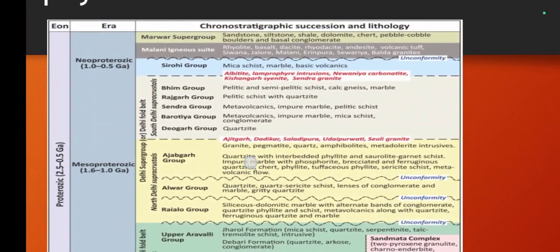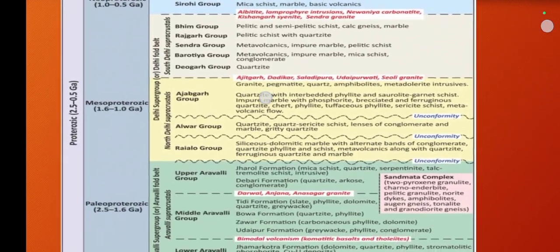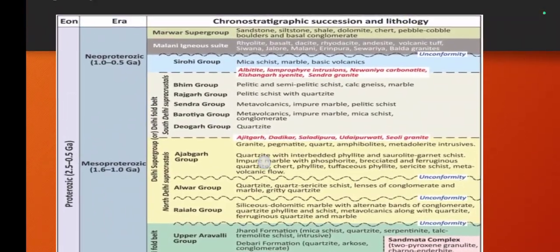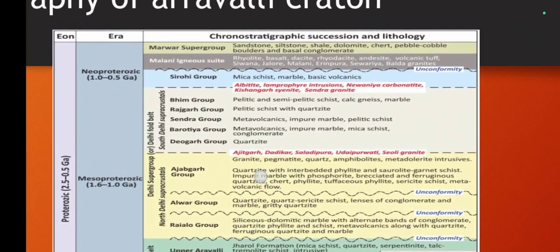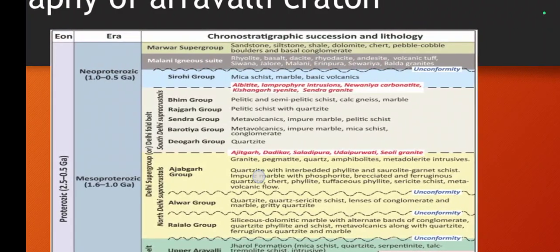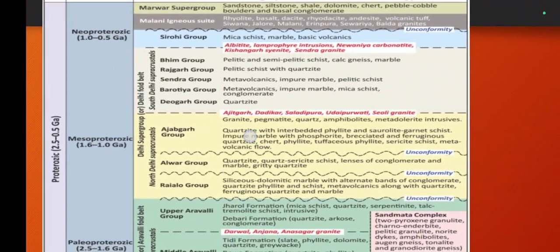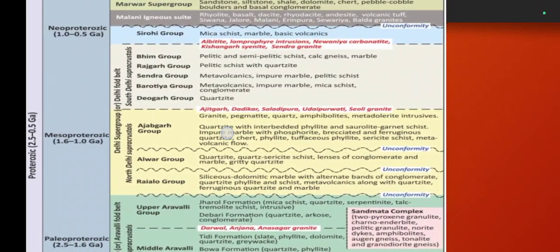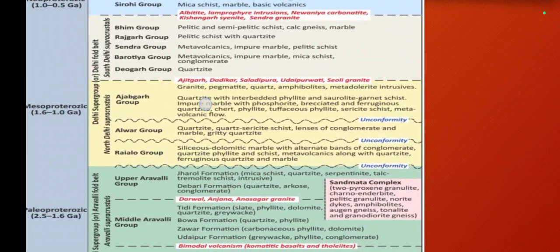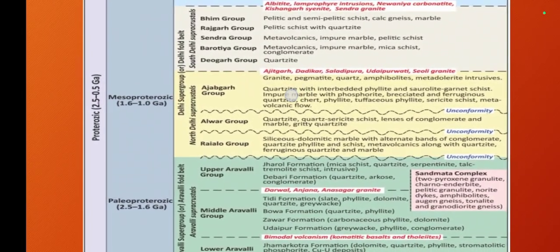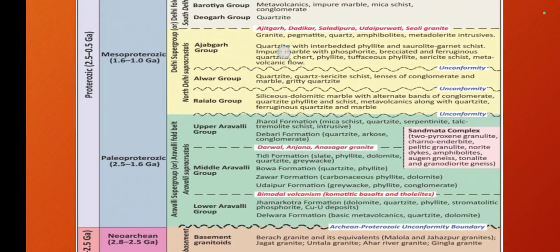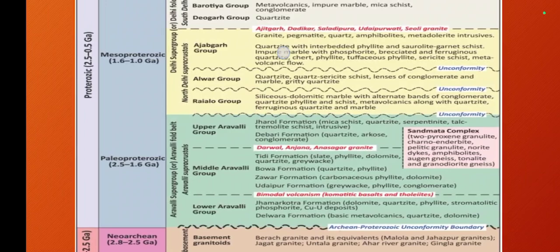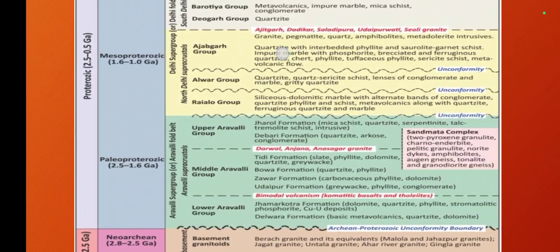So you need not remember everything; you can easily correlate that Delhi supergroup and Delhi fold belt is basically of AIS granite. You can see here in the composition of this particular slide. Whereas the Arravalli supergroup is basically of mafic to felsic composition.